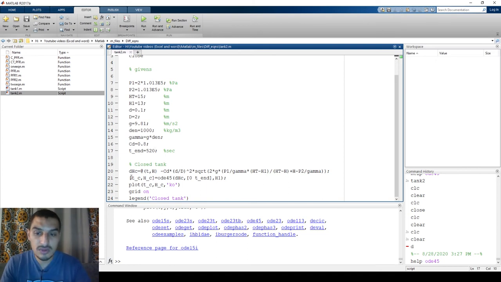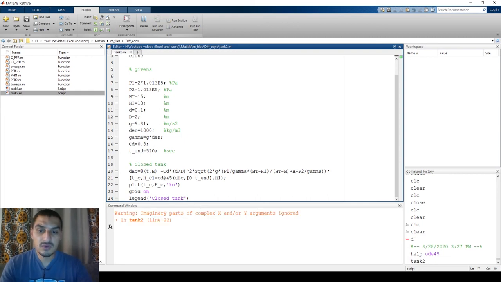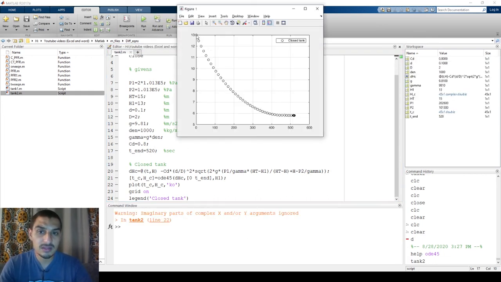I'm just going with the closed tank. I'm not plotting the open tank to prevent any confusion. And when we run the file, we were able to see the profile of the height started from 13 and it went down, down, down till it reached almost 5 point something, or almost 5.8 meters or something like this.